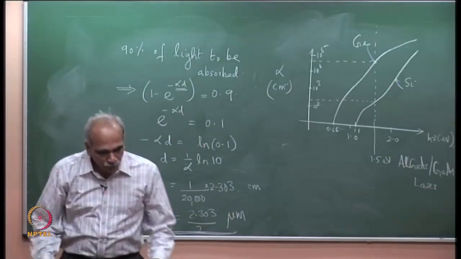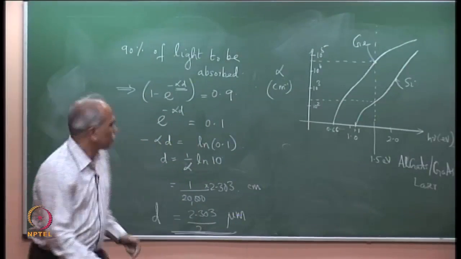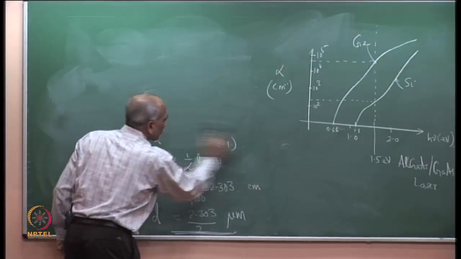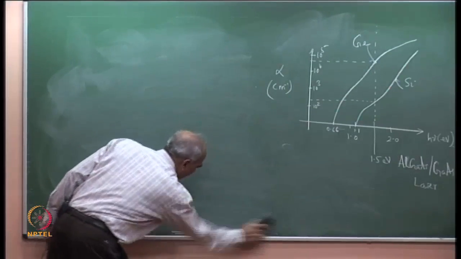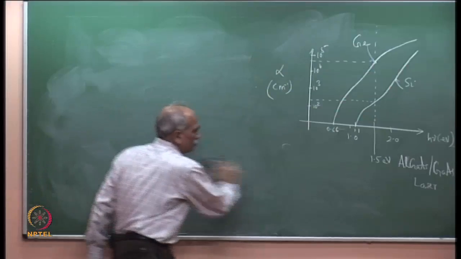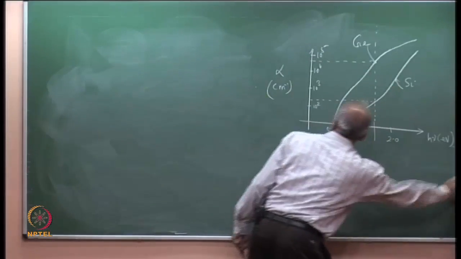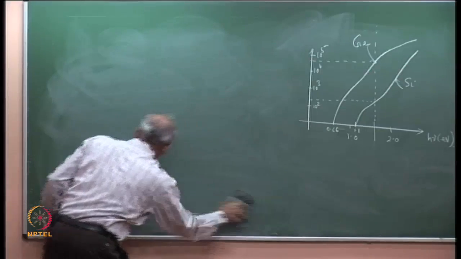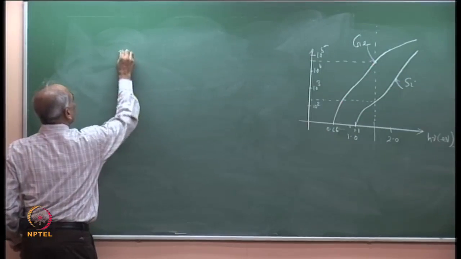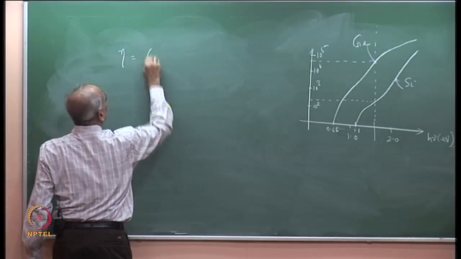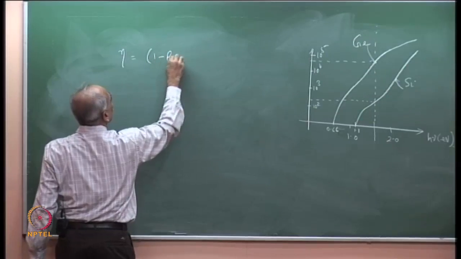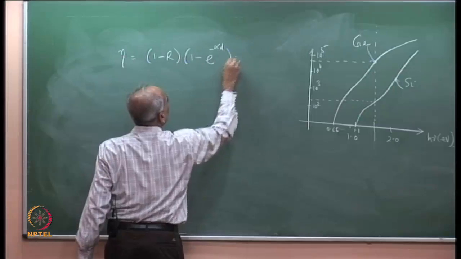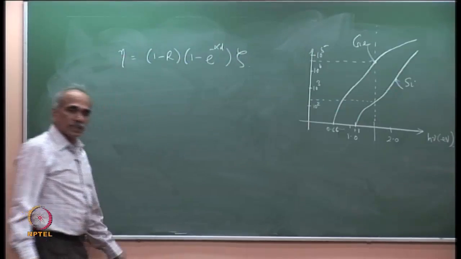We come to the last point, that is how to maximize zeta. So, eta, recall that eta is equal to 1 minus r into 1 minus e to the power minus alpha d into zeta.